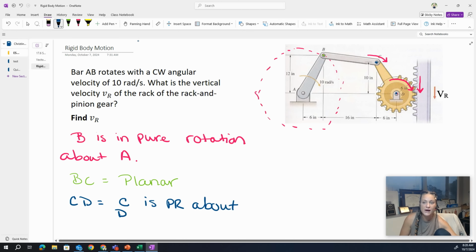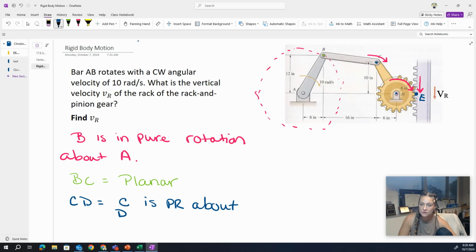And then there's another point in contact here that is of interest to us. I can label that E. What is point E doing? E is a part of D and it's a part of this linear rack.